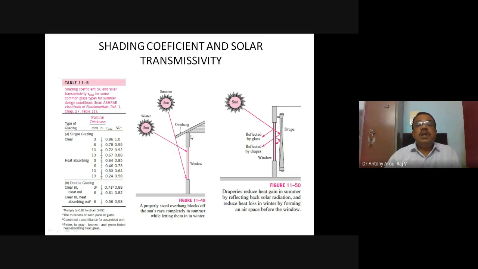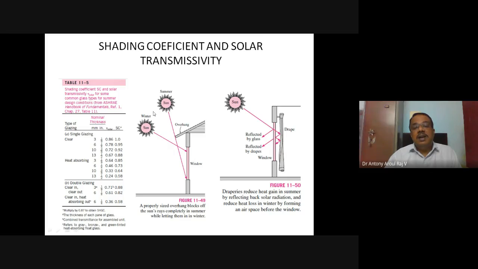Now think that the sun has moved from this position to this position. What will happen from here to here? Because of this overhang, the sun will not be falling on the full glass. The sun will be falling only on half of the glass. When the sun is here, it will be falling fully, and similarly here, fully.